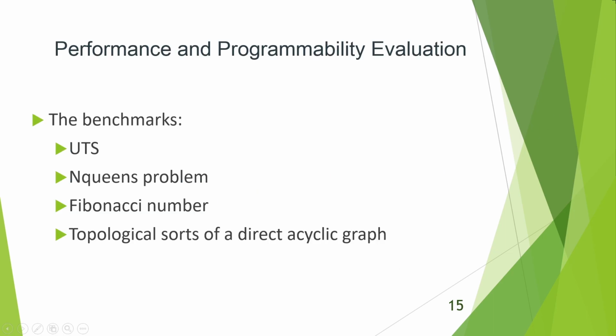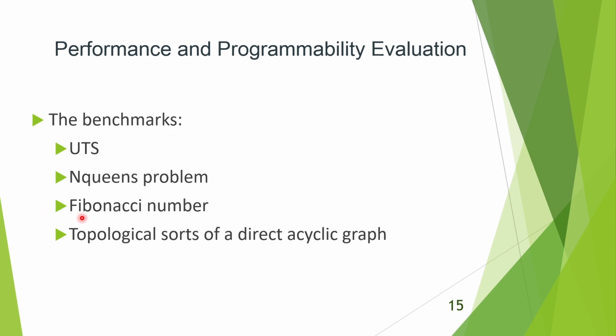The evaluation of performance and programmability has been performed using 4 parallel applications that present different types of imbalance. UTS, a customizable benchmark with parameters that can generate very unbalanced trees. N-Queens, a program with a certain imbalance that solves the N-Queens problem.